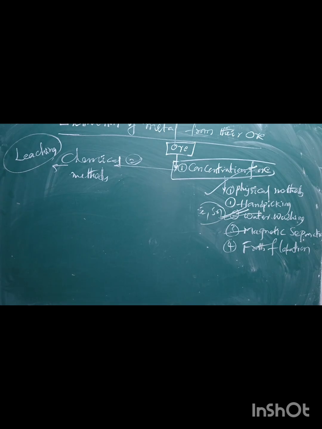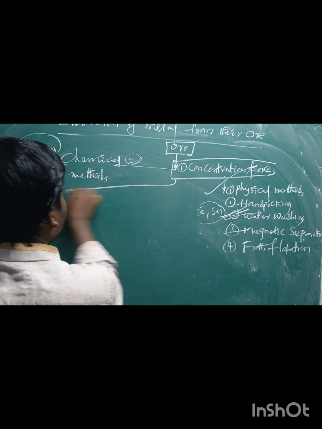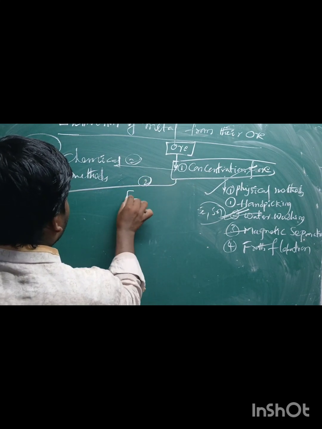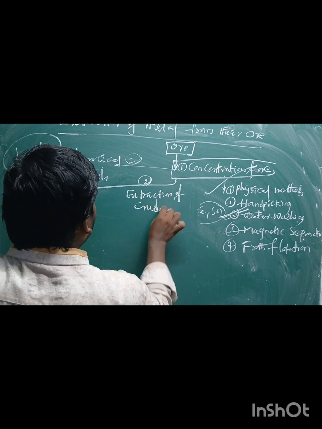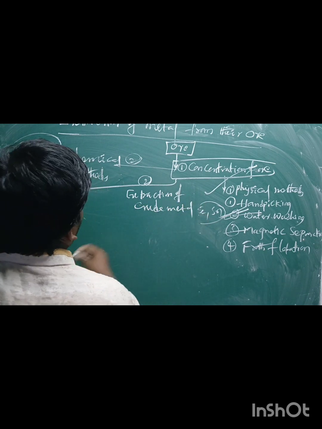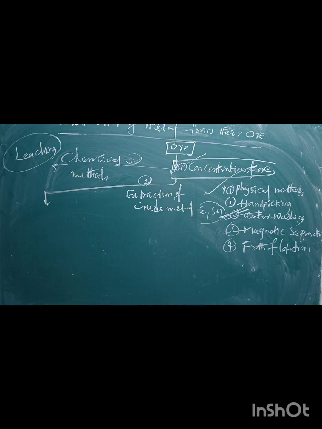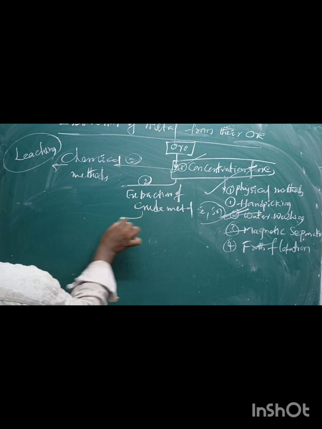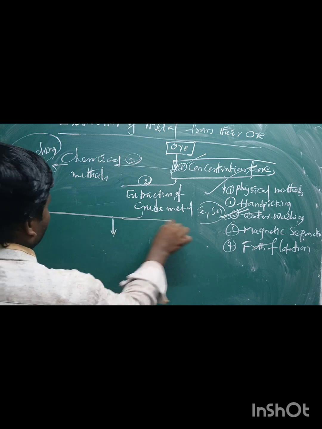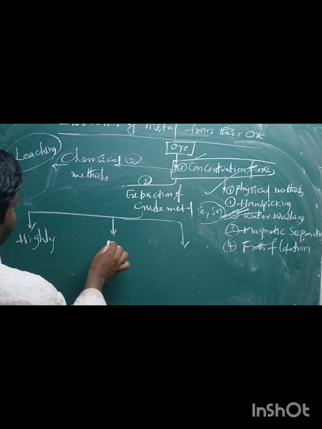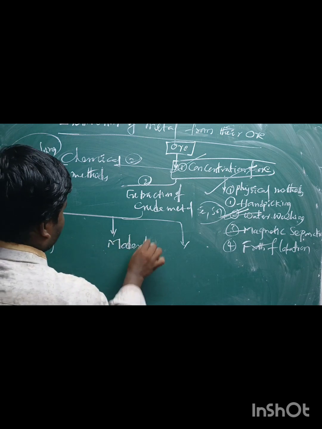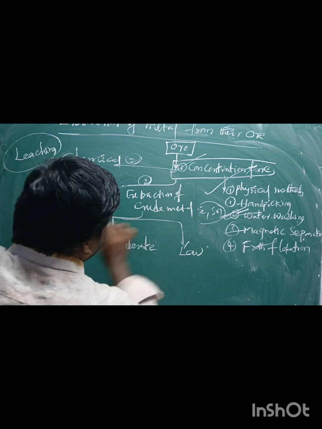Thank you. Now, second one is extraction of crude metal. How to extract the metal, sir? This is the first one, concentration of ore. Extraction of crude metal. Here, three types of metals are there: highly reactive metals, moderately reactive metals, low reactive metals.